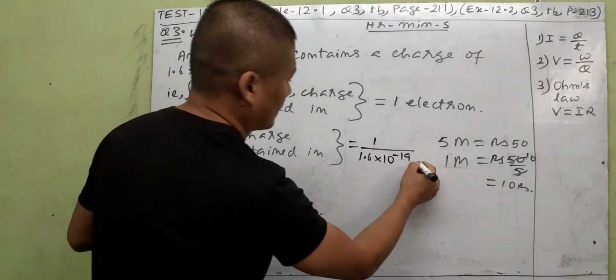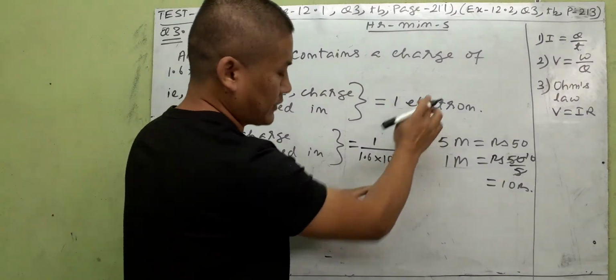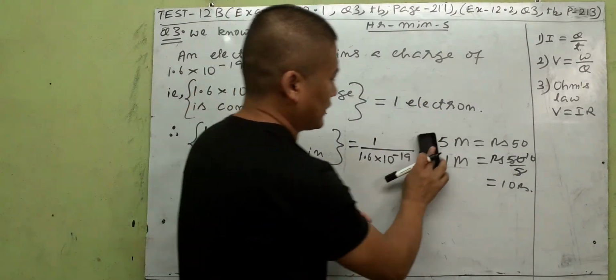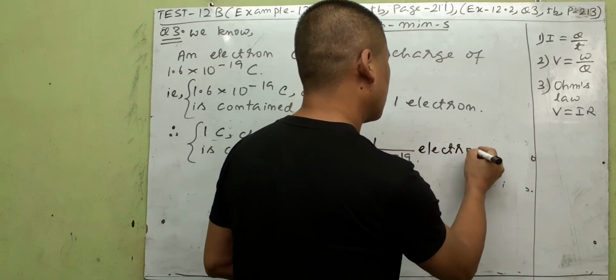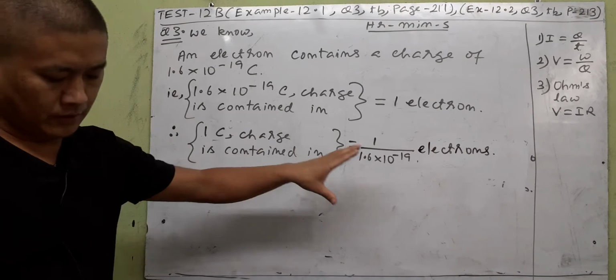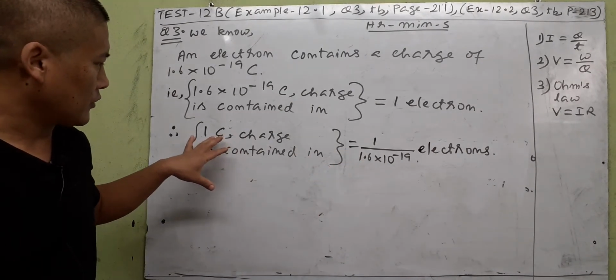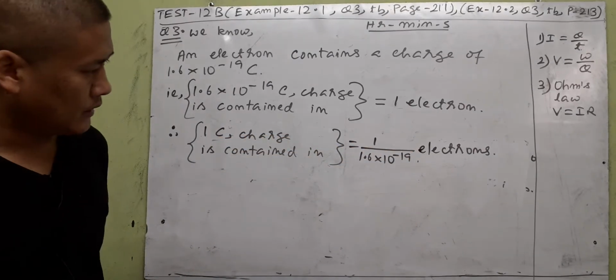This one. And the left side you need is coulomb, that we cannot bring to the right side. The right side we are using electrons, so we write here electrons. So we know 1 coulomb charge is contained in, the question is saying how many electrons will be found in 1 coulomb. So 1 coulomb contains how many electrons? Well, that is the answer.